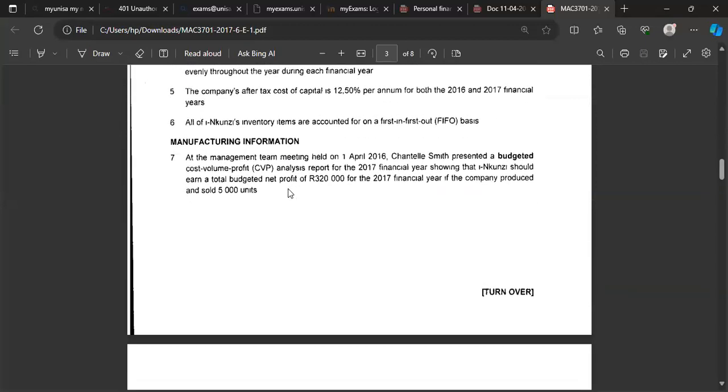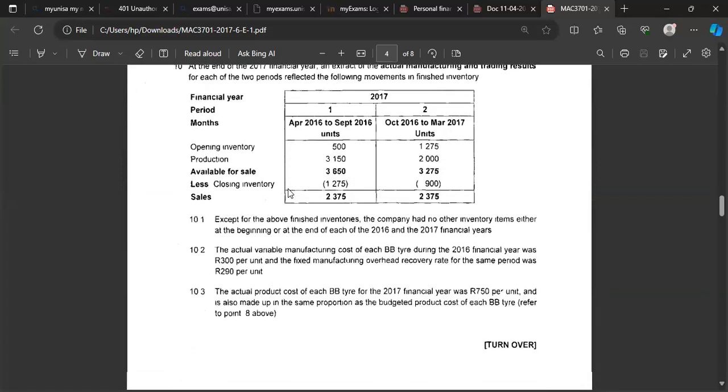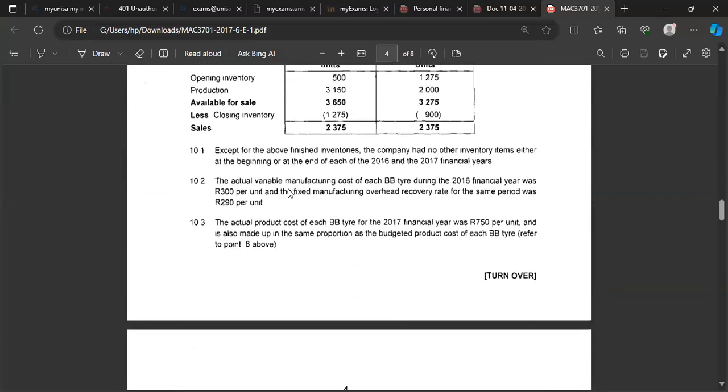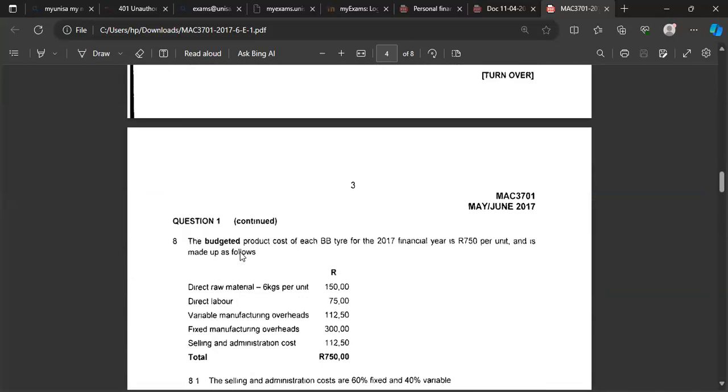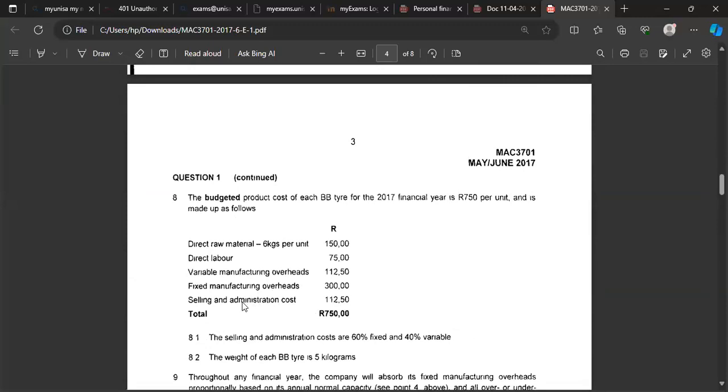So for starters, they pretty much said these costs are gonna be the same. Let's see on the actual costs. The actual variable cost for the year was that, and then the actual product cost was 750, and they're saying it's just the same. So the ones that we have not accounted for are the selling and admin costs.